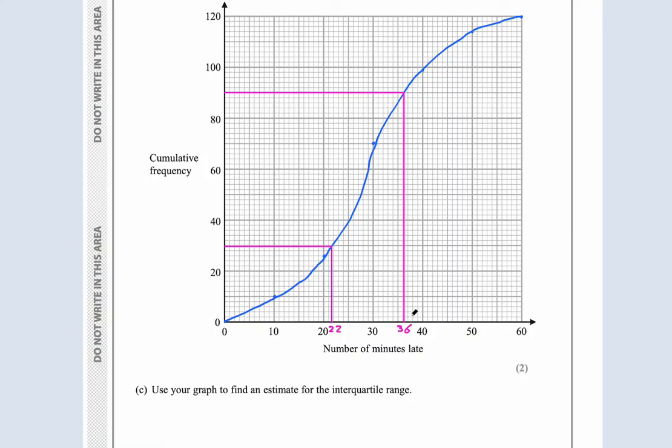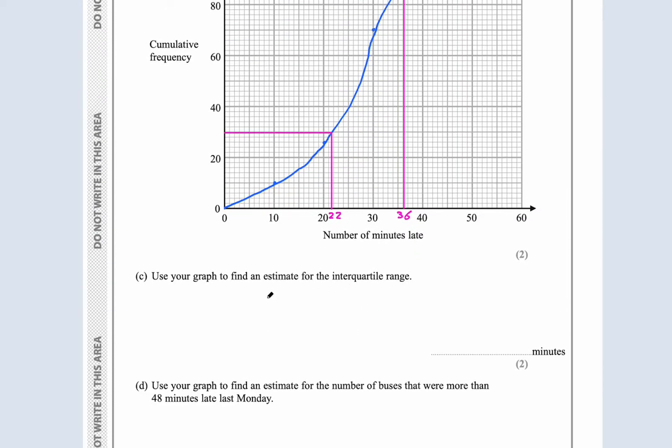So 36 minus 22 should give me the interquartile range. Now, guys, that's not the answer they're giving. So I do 36 minus 22, which is 14.